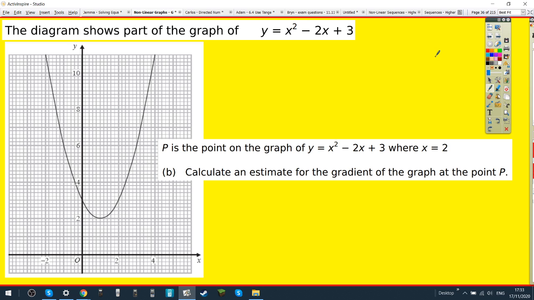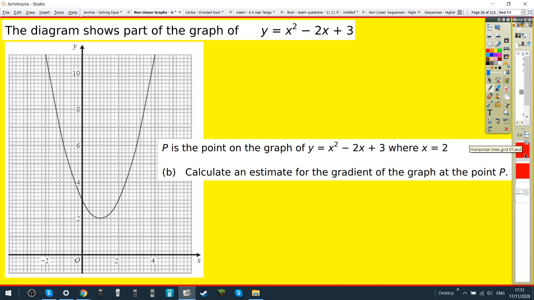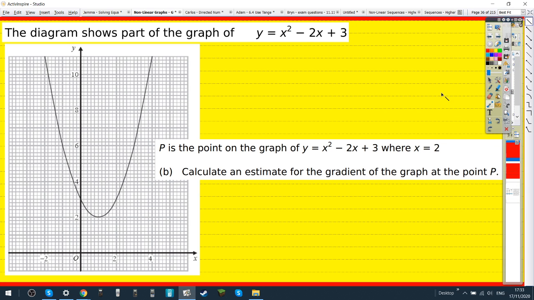Okay, how would we do this one? Calculate an estimate for the gradient of the graph at the point P. The graph is y equals x squared minus 2x, and P is the point on the graph. I don't understand. What is the gradient when x is 2?